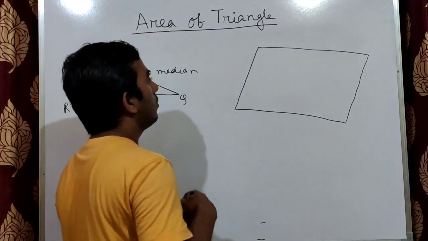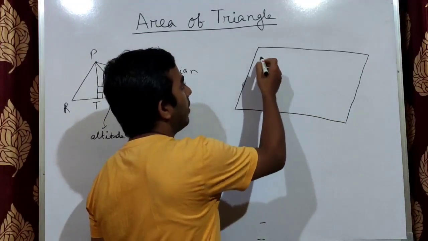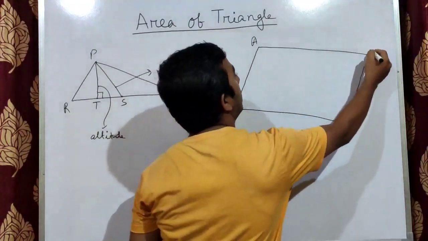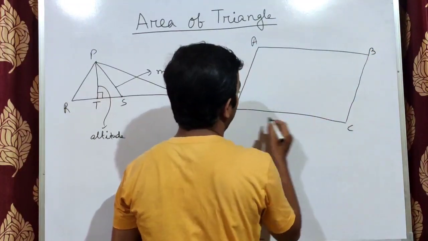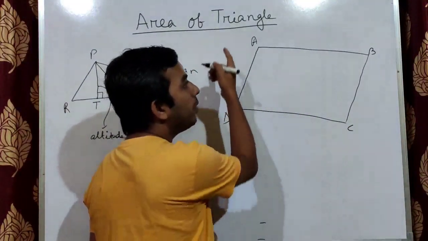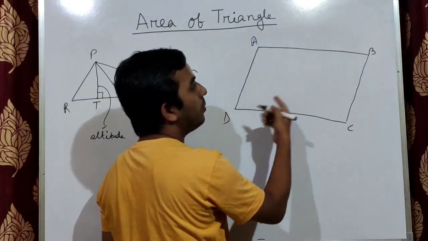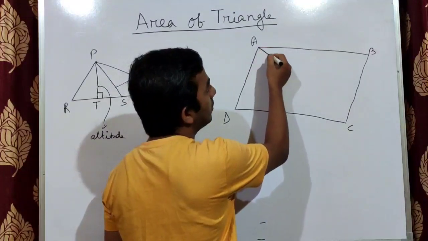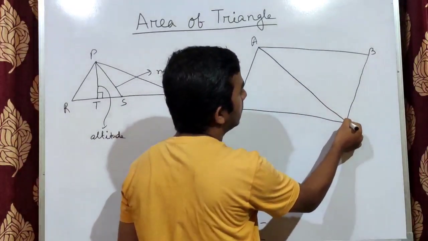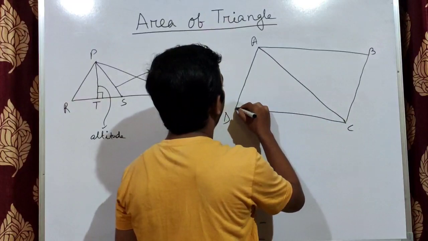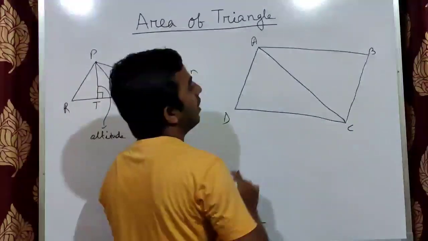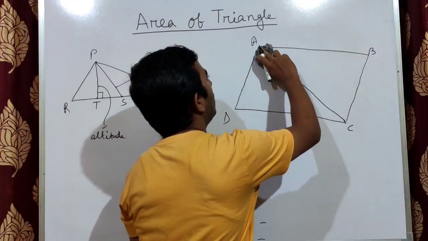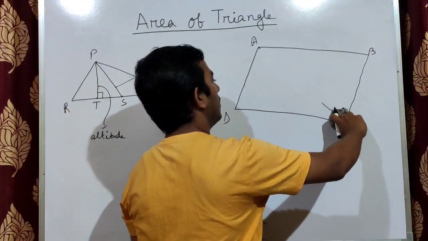So let us name the parallelogram as A, B, C and D. Here the line segments will be AC and BD. In this case we don't need to draw AC.